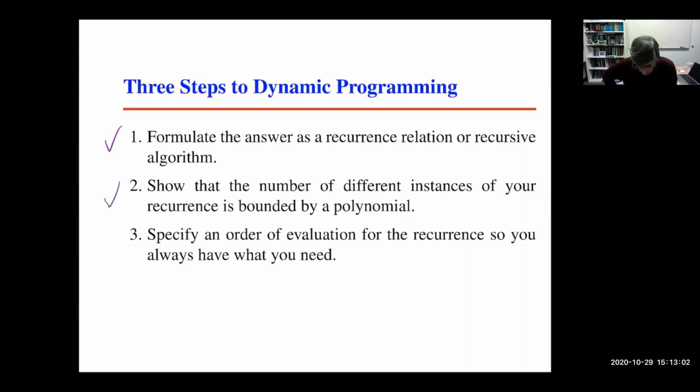You're then going to show the number of different instances, meaning input arguments to your recurrence, is not exponential, but is small enough that you could store every one of these problem instances, typically a subrange of the input, in a table. And then you're going to specify an order to fill in this table, so the items that you need are always there when you want them. That is the three things that make dynamic programming work.